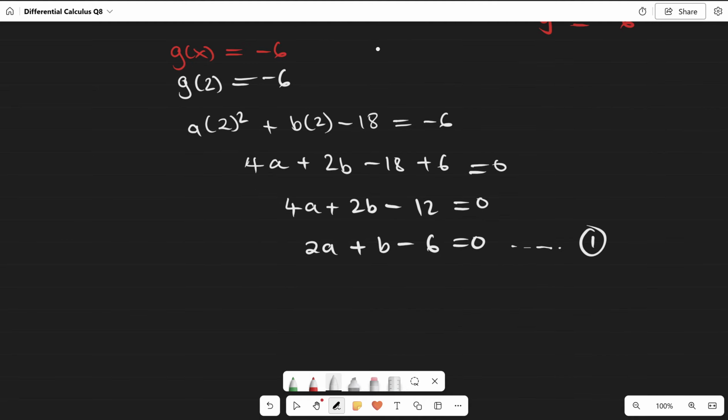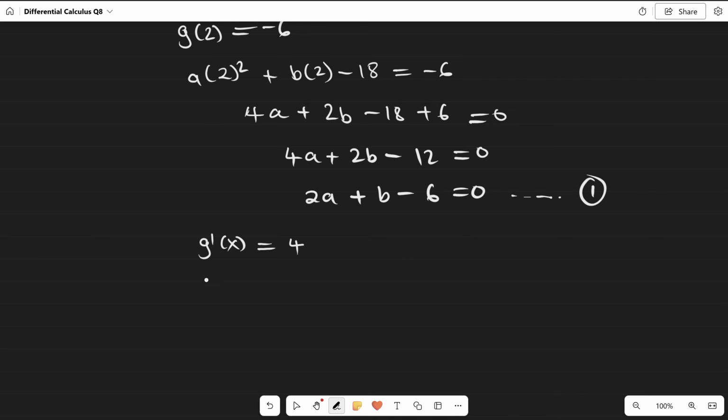So we know that g of x, how can we express the gradient of g of x? We can say the derivative, because we know the derivative of a function also represents its what? Its gradient at a point. So the gradient at a point here, it should be equal to what? To 4 at this point. At which point? When x is 2.